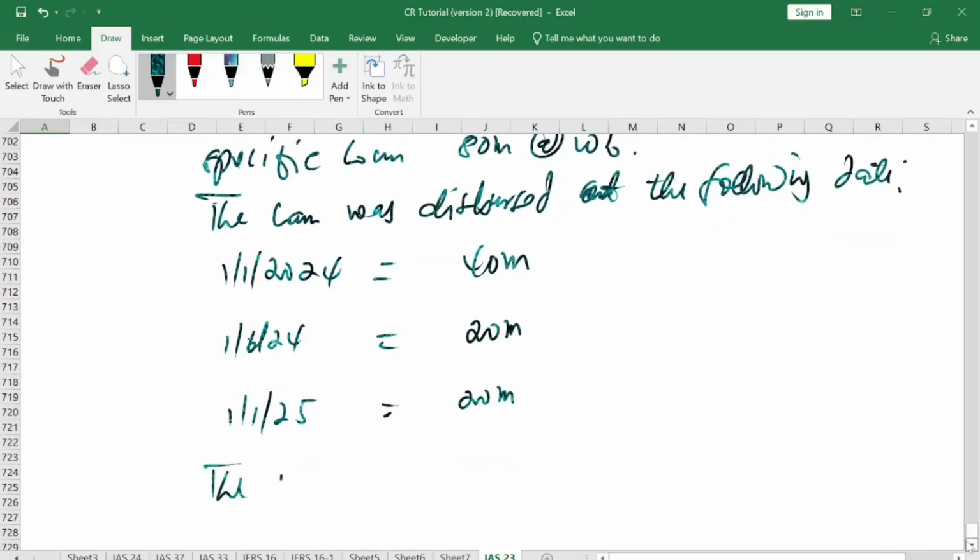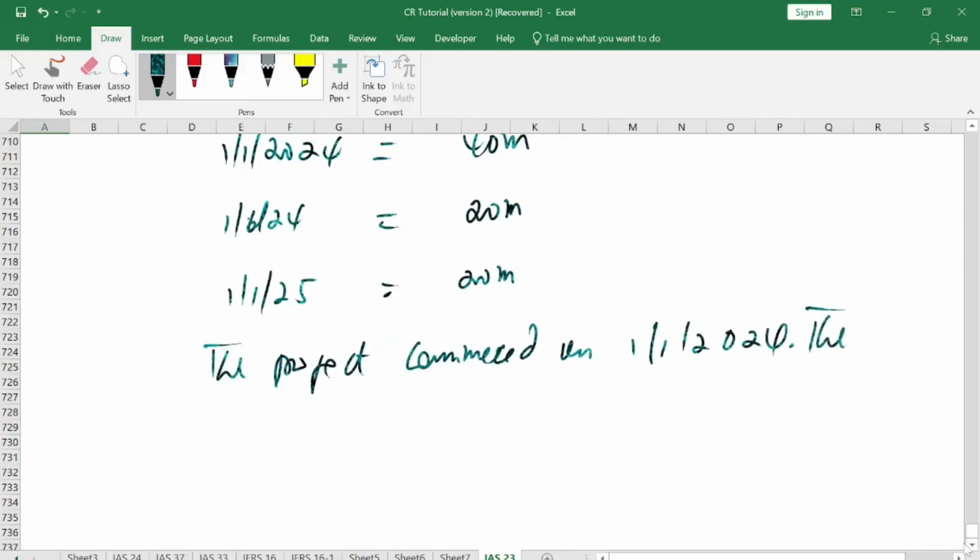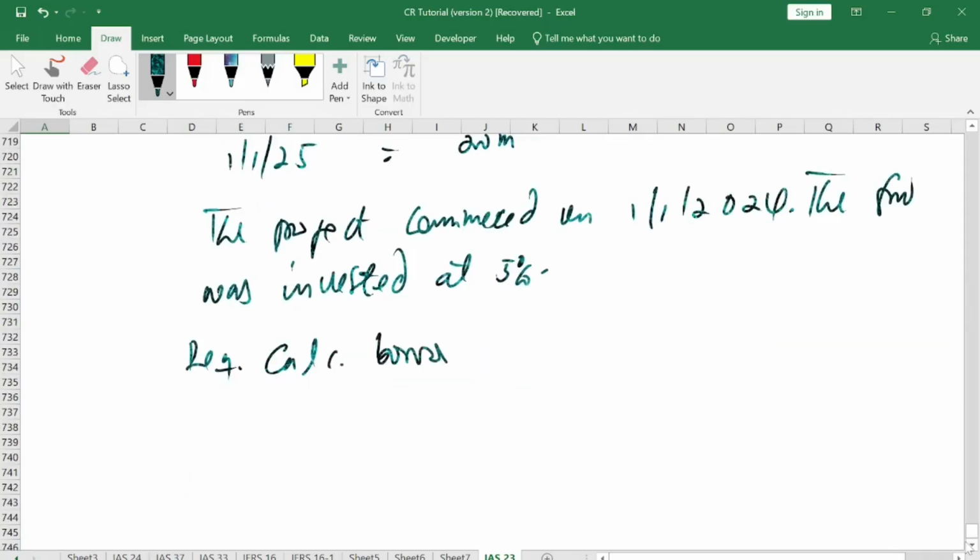The project commenced on 1st January 2024. The fund was invested at 5%. Calculate borrowing cost to be capitalized.